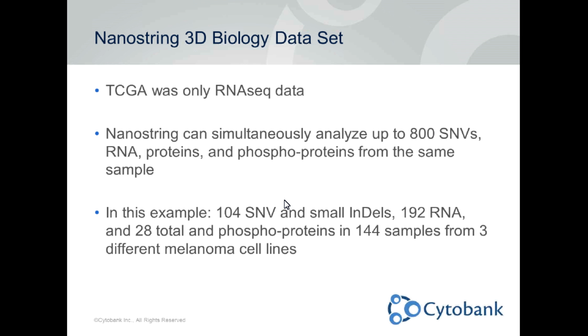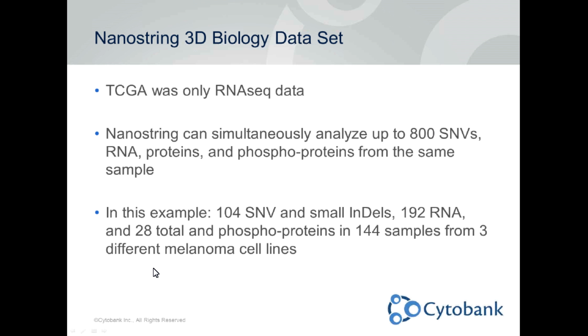So the next data set that I'll be talking about is from NanoString. It's part of their 3D biology platform. And the previous data set we just looked at, the TCGA one, is bulk RNA-seq data. This NanoString 3D biology technology allows you to look at up to 800 single nucleotide variants, RNA, proteins, and phosphoproteins, all in the same sample at the same time.